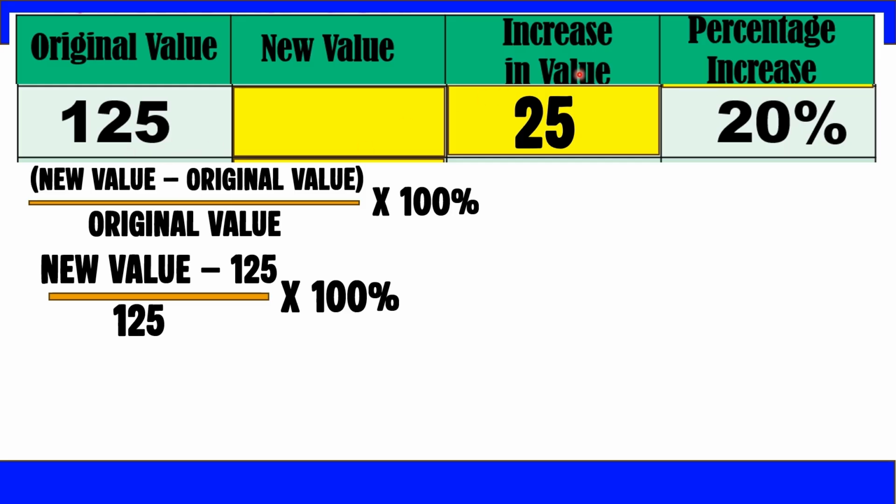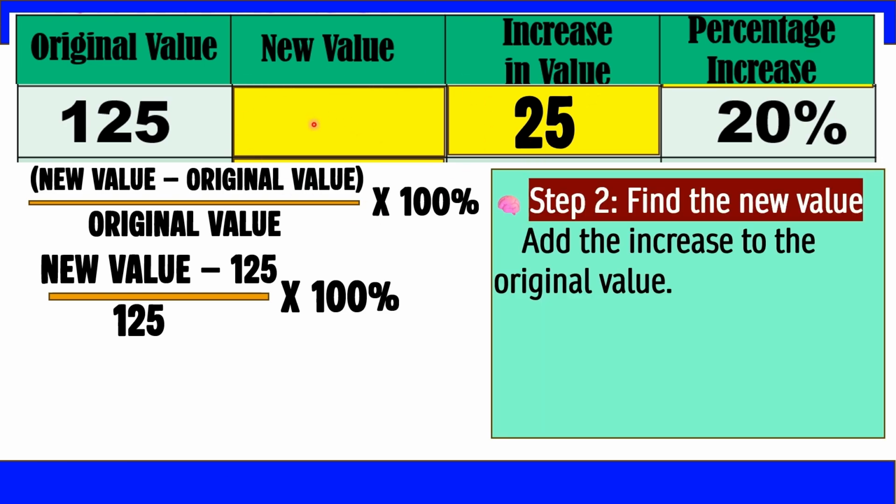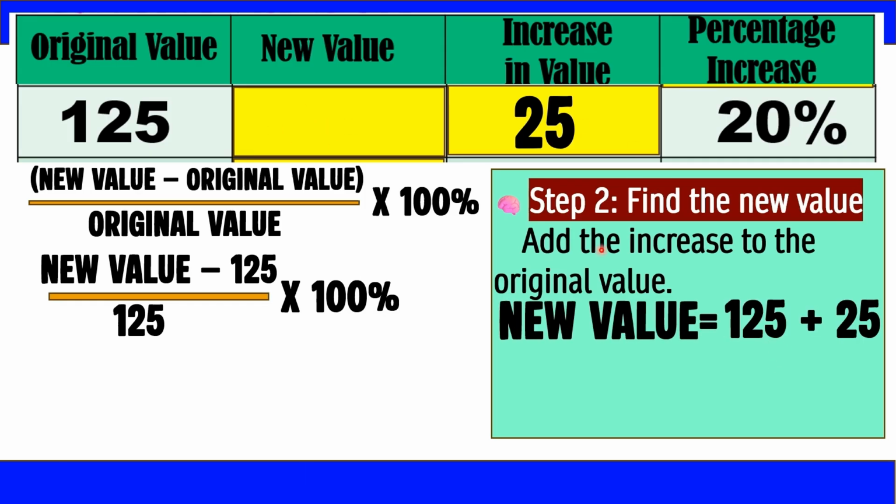Okay, now let's continue. Since we already have an increase in value, which is 25, we can now solve the new value. To find the new value, we're going to add the increase to the original value. Again, to find the new value, we're going to add 125, which is the original value, plus 25, which is the increase in value.